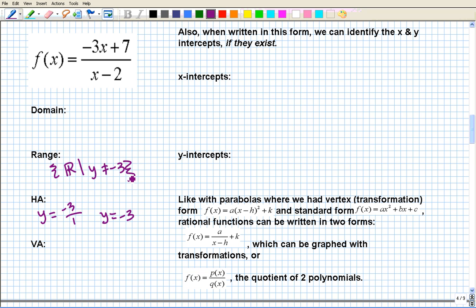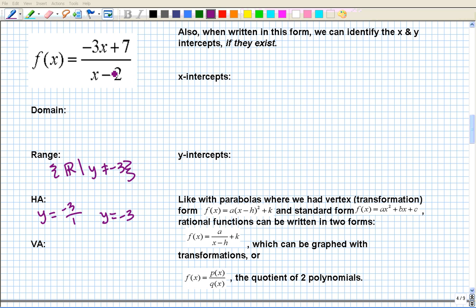Okay, and also when written in the form that we currently see here, we can identify the x and the y-intercepts if they exist. But before we do those, let's talk about the domain and vertical asymptote. I was going to skip it, but let's go ahead and do that now. For the domain, it may be easier to think about finding the vertical asymptote first. For the vertical asymptote, you look at the denominator and figure out what would make it equal to 0.